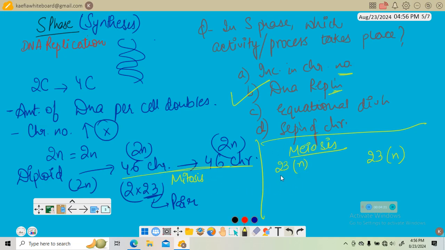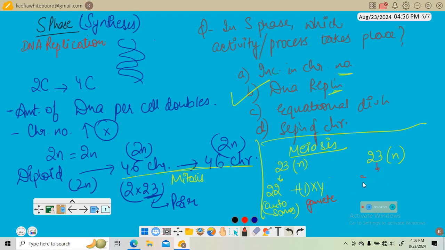So 23 means, out of 23, 22 plus 1, that is XY. 22 pairs and 1 pair this. 22 are autosomes, like normal cells, and 1 pair is like gamete cells or germ cells or sex cells.